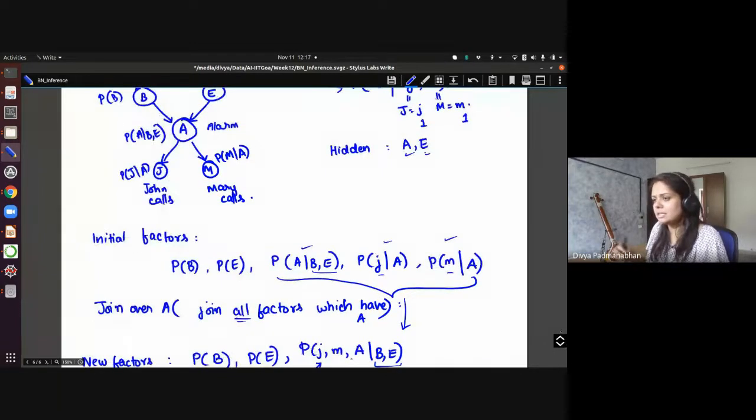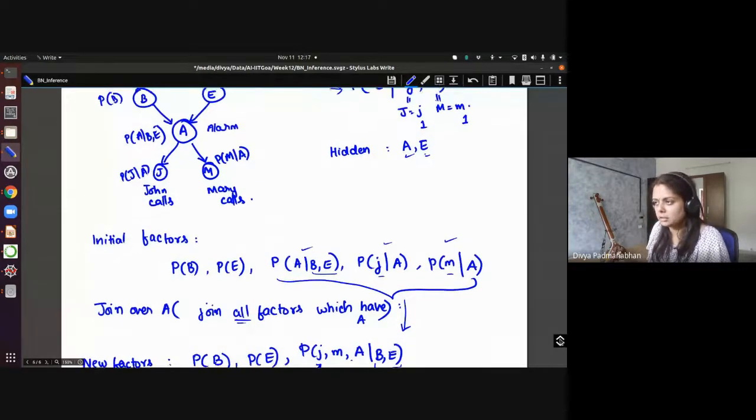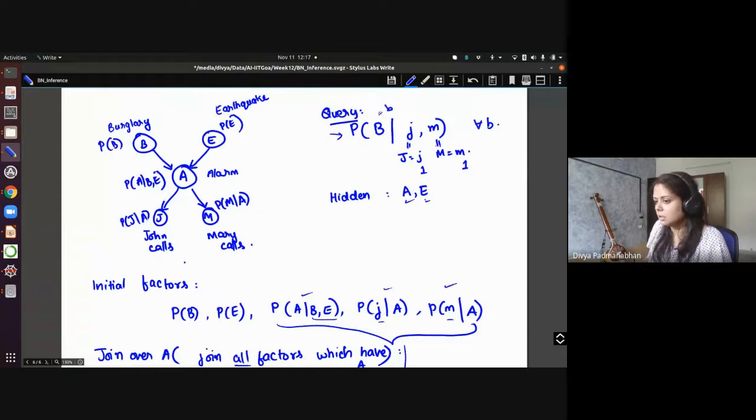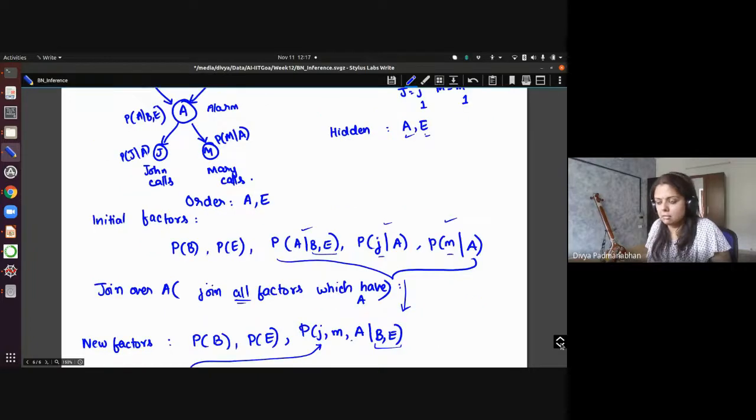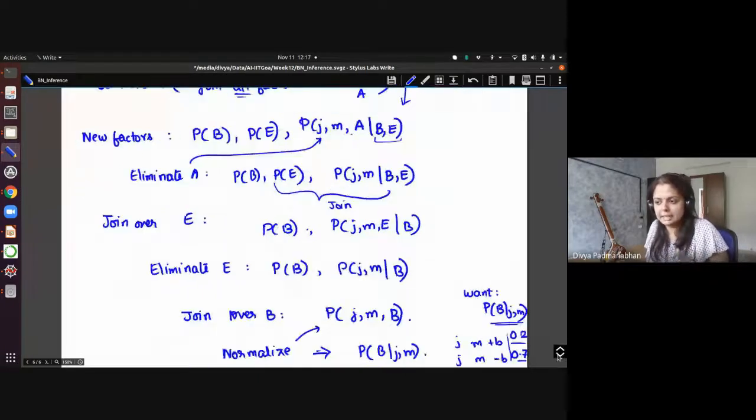If you notice, there's some ordering that we followed here. The order was A and E: we did a join over A and then eliminate, then a join over E and then eliminate.